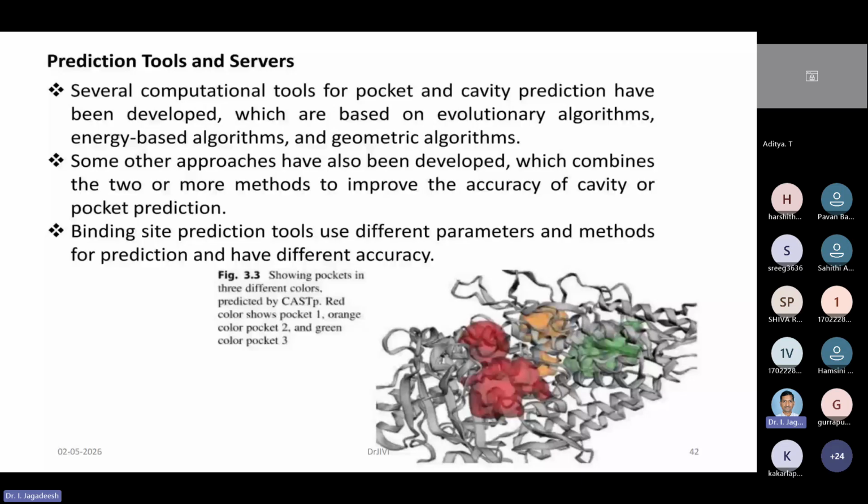That is the reason we cannot expect one tool to solve all the problems. Where we predict that there is an issue or some lacuna, we have to use another software or another approach to avoid that. So this is what you have seen here: look at the drug molecule fitting into the spirals inside the cavity.